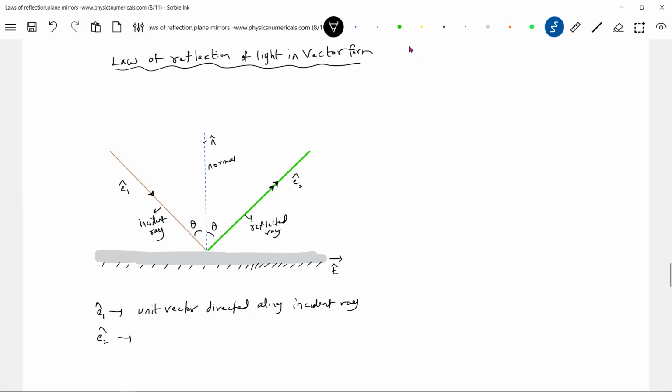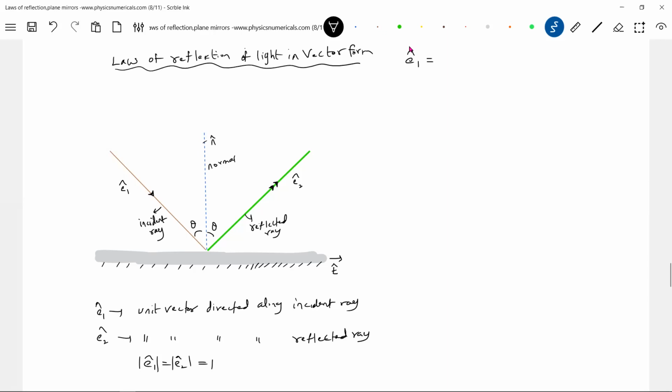What is E2 cap? Unit vector directed along the reflected ray. We know it's a unit vector, so what should be the magnitude? Magnitude of a unit vector should be equal to 1.